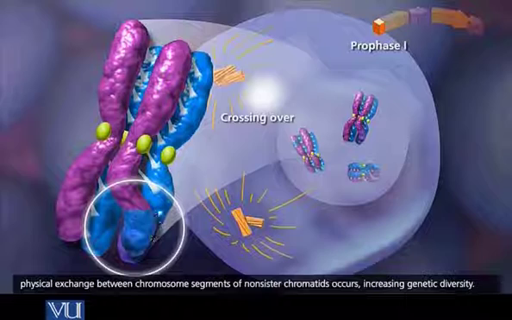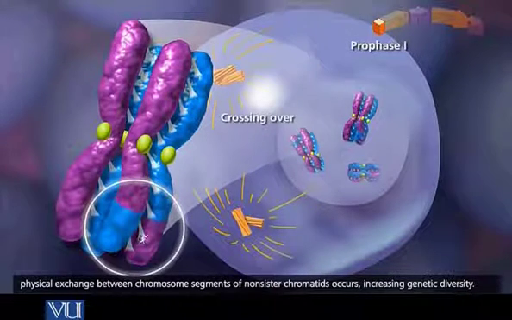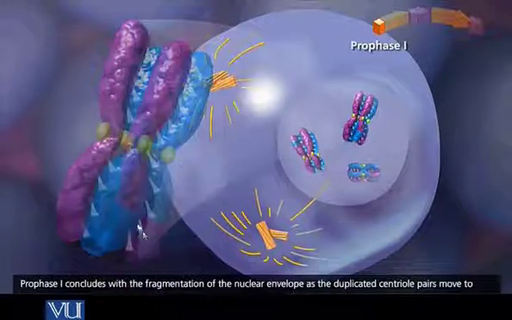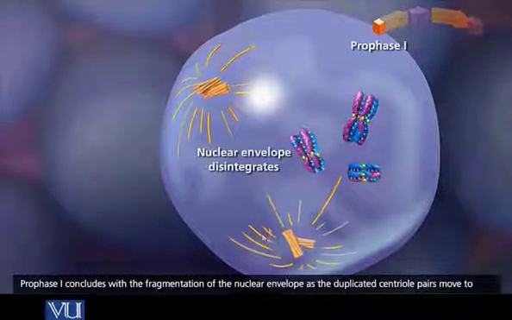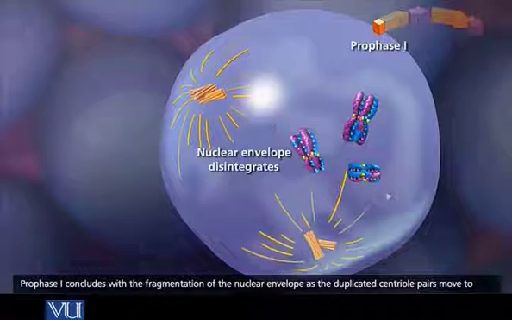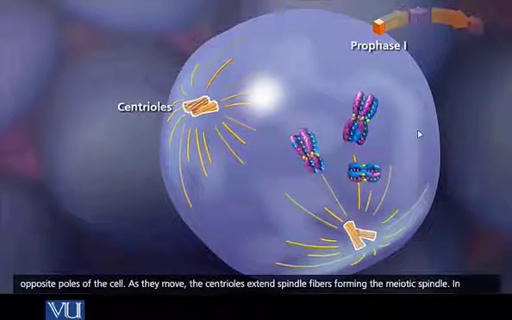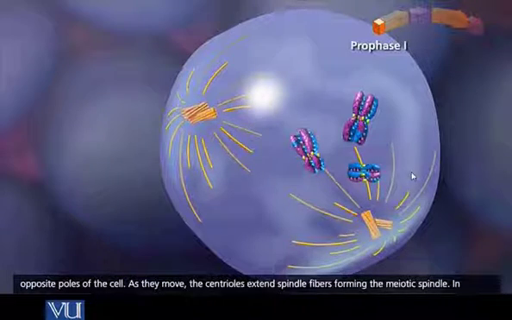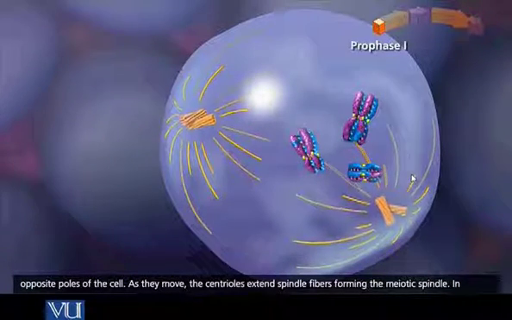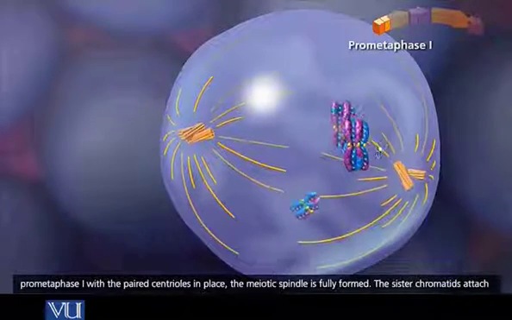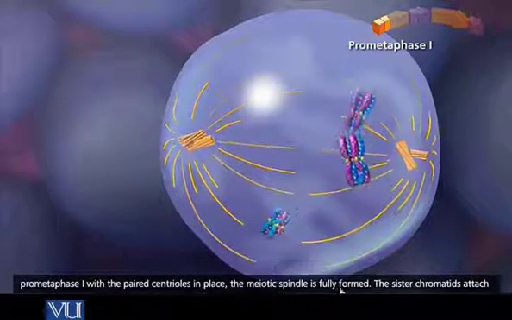Here you will see the blue chromosome has exchanged a part with the red. This exchange causes diversity. The nuclear envelope disintegrates in prophase 1. The centrioles move towards the opposite poles, and their microtubules, just as in mitosis, will attach to the kinetochores.